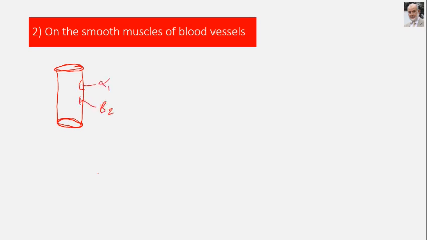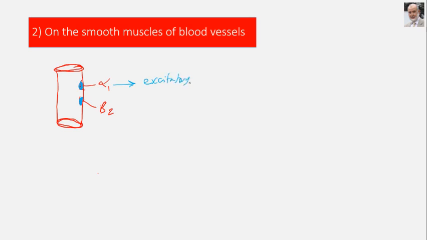If we imagine this is a blood vessel and this is the receptor, there are two types of receptor in blood vessels. Usually, in most blood vessels, small arterioles, there are alpha-1 and beta-2. As we have said before, alpha-1 is always excitatory.